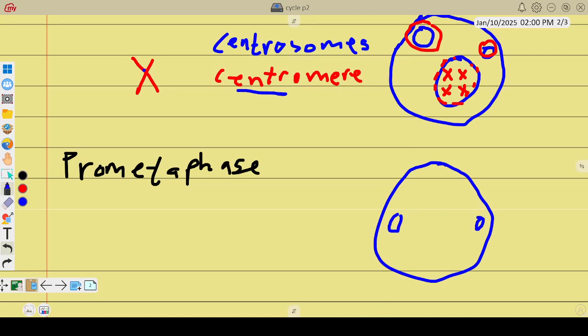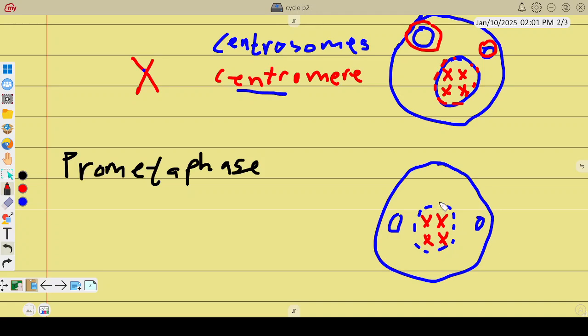And then after that, the chromosomes will undergo further condensation. So this is the disintegrated nuclear membrane, and the chromosomes inside will undergo further condensation, meaning they'll now be more visible, so we can actually draw them bigger.